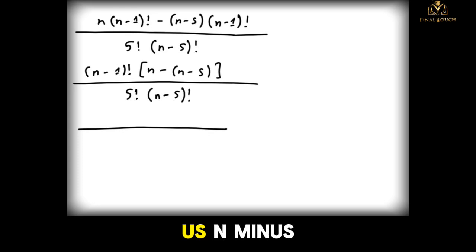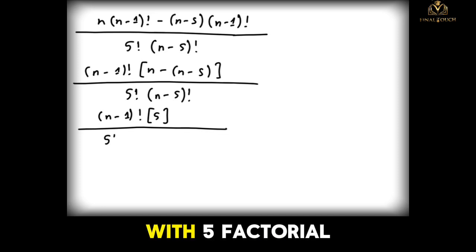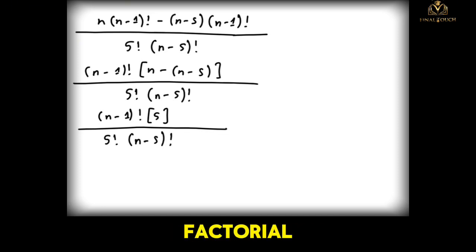So that gives us n minus 1 factorial into 5, and we end up with 5 factorial n minus 5 factorial.